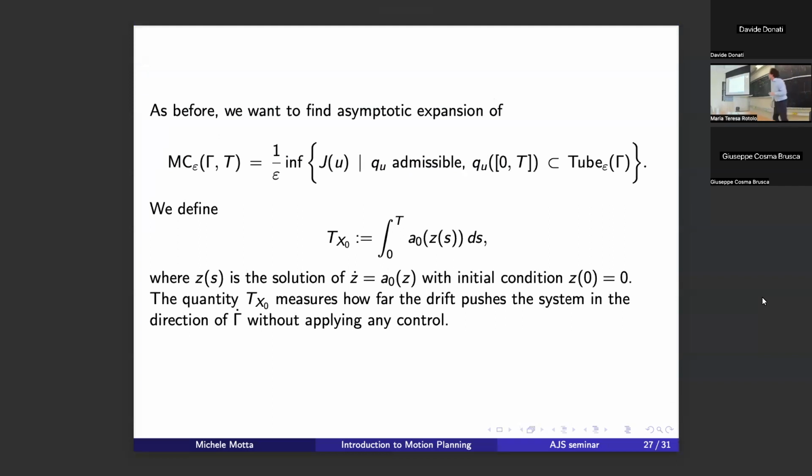And so you pick this particular solution, you integrate it along the component of the drift, and see where you arrive. So basically, you see if the drift pushes you enough towards your endpoint, or if you have to push more.